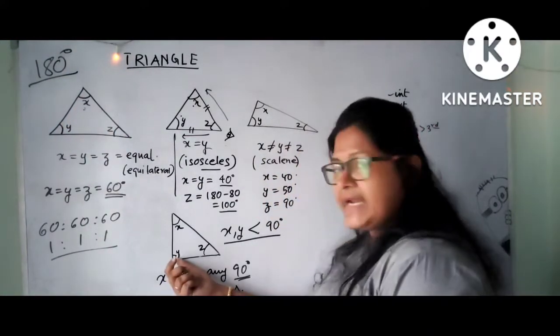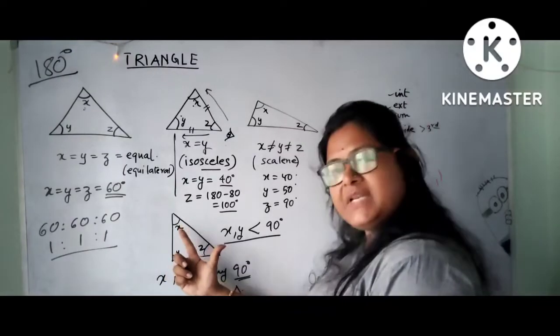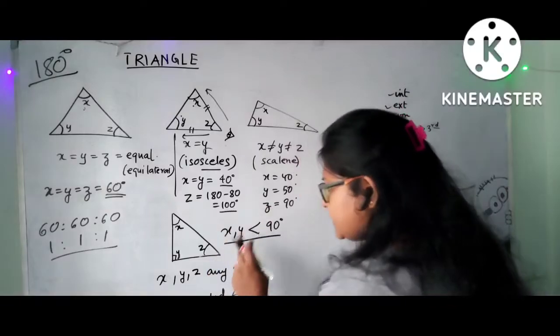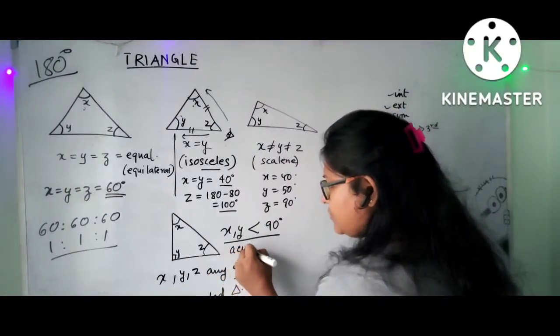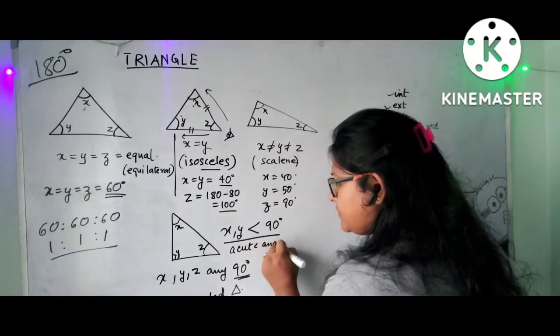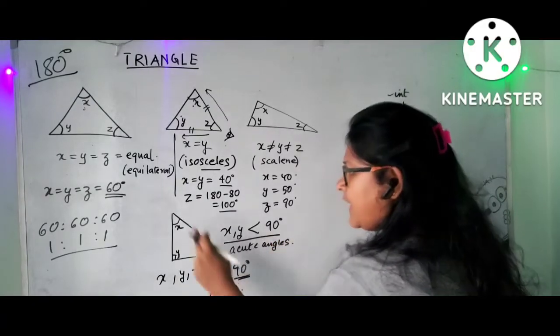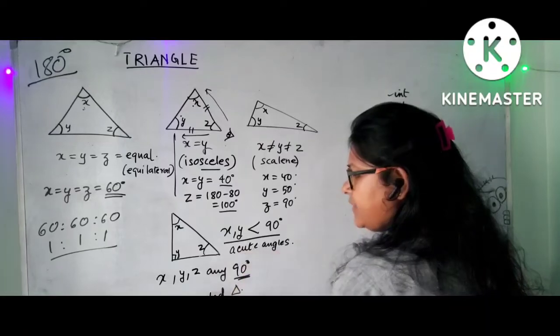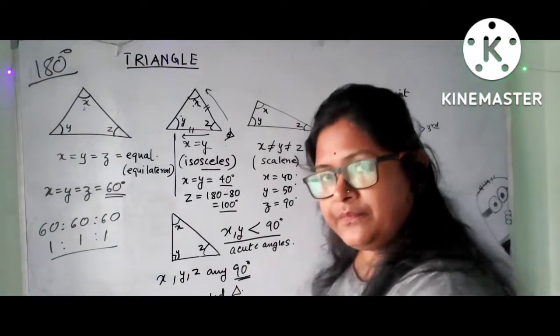So if one angle is 90, obviously the other angles have to be less than 90, isn't it? So x and z will always be acute angles. And so I can say this particular triangle will be an acute angled, right angled triangle. Clear?